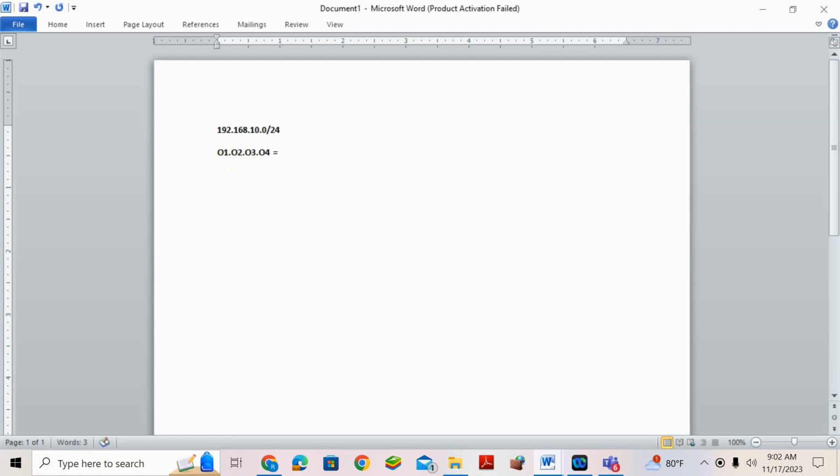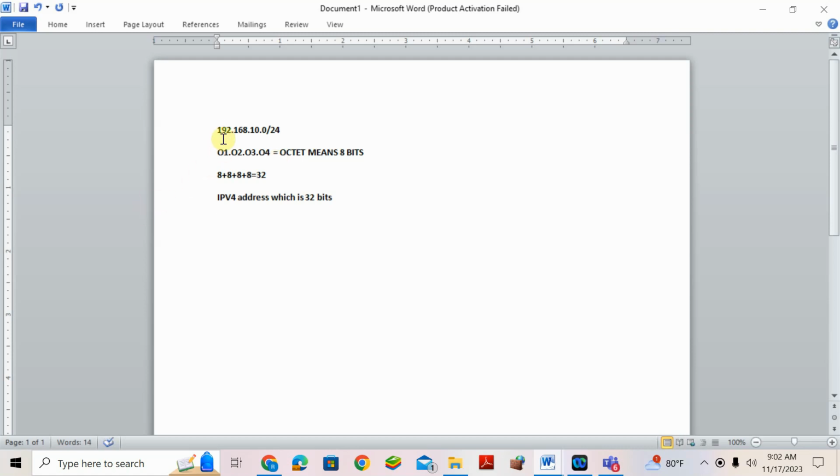So an octet means 8 bits. 8 plus 8 plus 8 plus 8 equals 32 bits. So this is an IPv4 address, which is 32 bits in length.